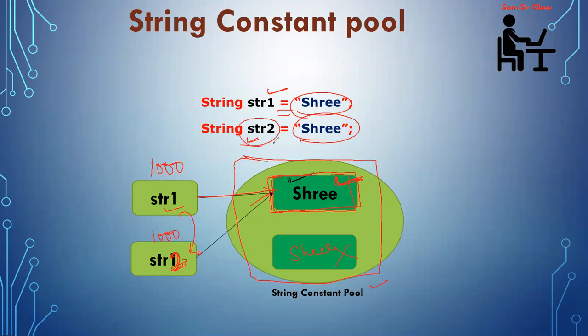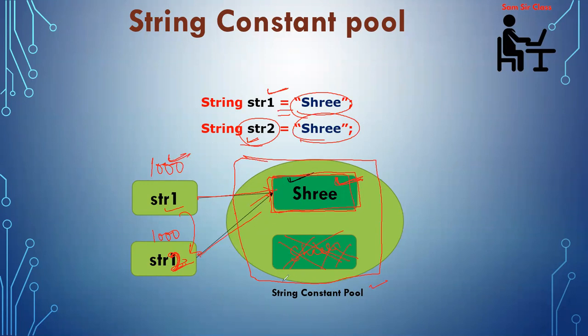The second time I am creating the string object by using a string literal, first it will check whether the content Sri is available or not. Yes, it is available. Then it will never create the same content again. What it will do? It will assign the same reference number to the second object str2 and both will point to the same thing. Clear?